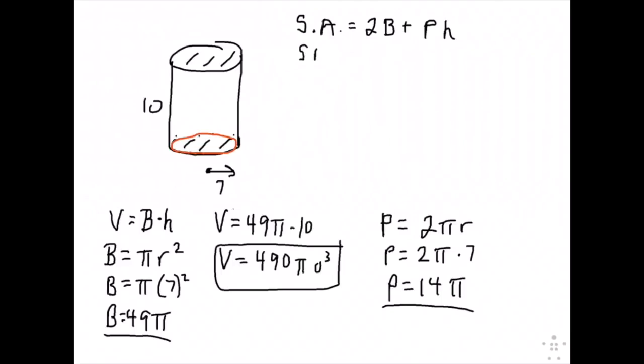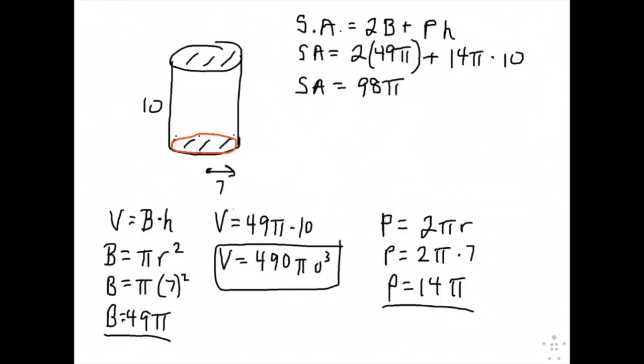So now I can substitute in 2 times the base area we calculated as 49 pi, and the perimeter we just calculated as 14 pi times the height, which is 10, right? Let's simplify a little. The surface area, 2 times 49 is 98 pi, plus 14 times 10 is 140 pi.